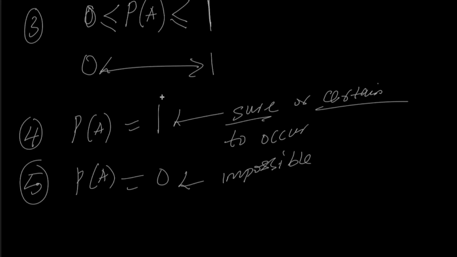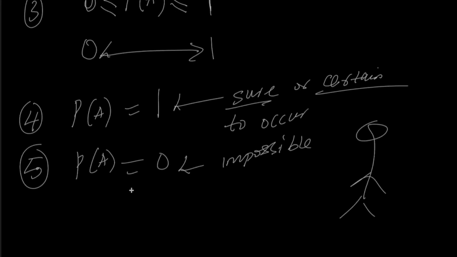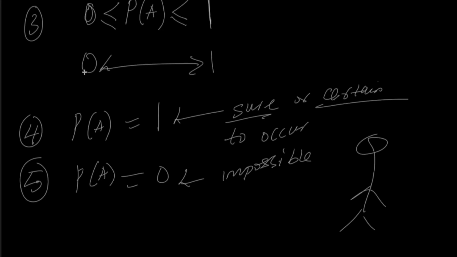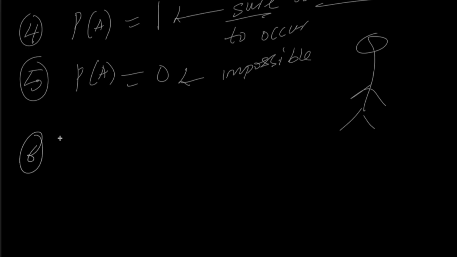Assume you are calculating the probability that this guy will live or die, and you find that the probability of death is 1. That is 100% sure that this guy is going to die. And if the probability of death is 0, it means it is impossible, he is not going to die. This is the language of probability. It is impossible to have a negative value for probability. It can never be less than 0.